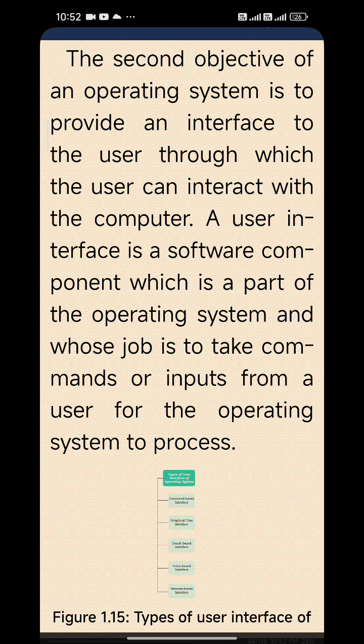The second objective of an operating system is to provide an interface to the user through which the user can interact with the computer. A user interface is a software component which is a part of the operating system and whose job is to take commands or input from a user for the operating system to process.